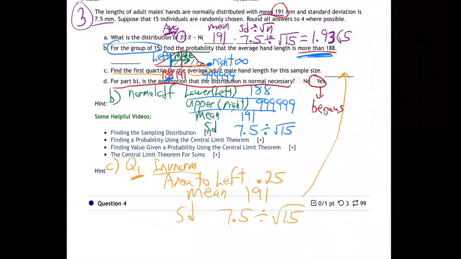because the size of the group is less than 30. Right, our group size is 15, right? 15 individuals.